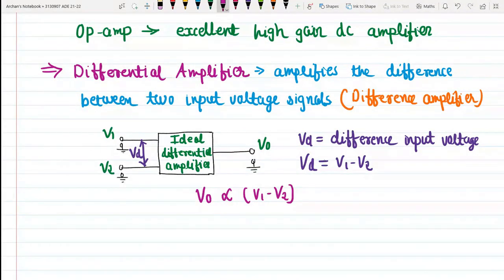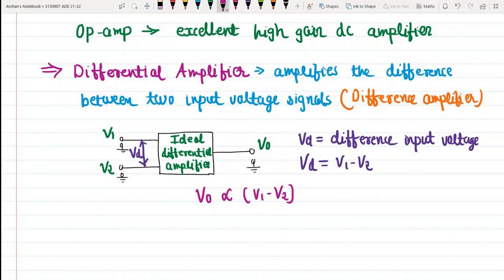But as I have told you, this is an amplifier circuit, and an amplifier will amplify the input signal and raise its magnitude. So if we provide VD equal to 2 volt, then the output must not be equal to 2 volt, it must be greater than 2 volt. Then and only then will we be able to call it an amplifier circuit. And this is the reason why one term came into the picture, which is known as gain.